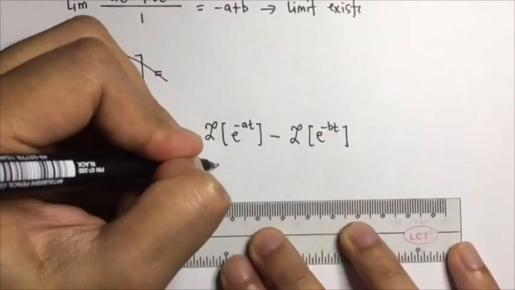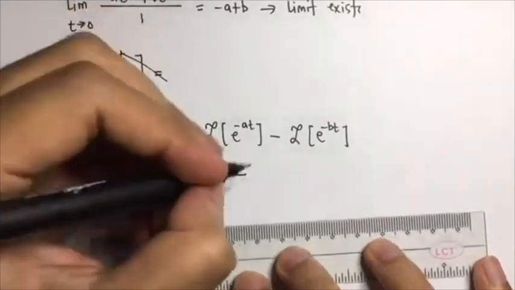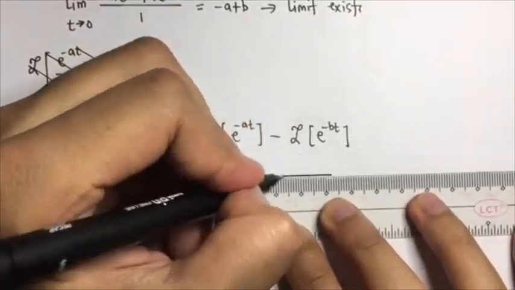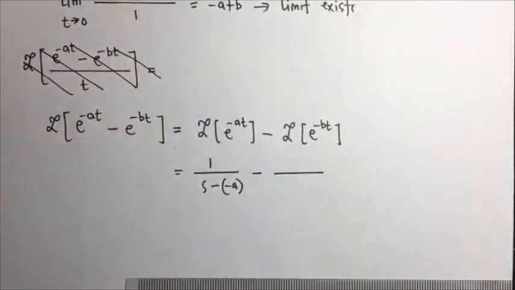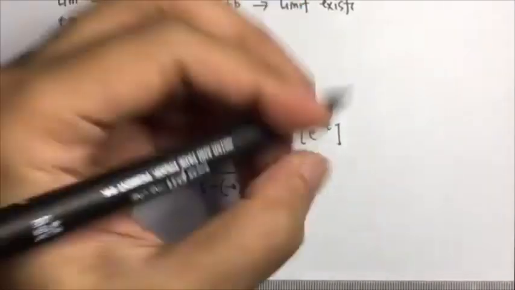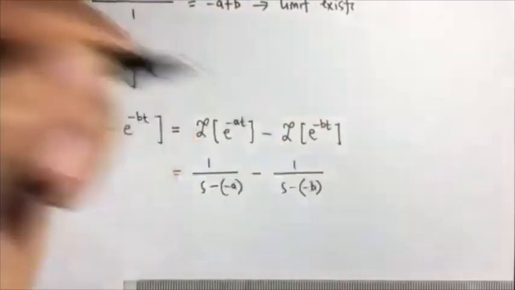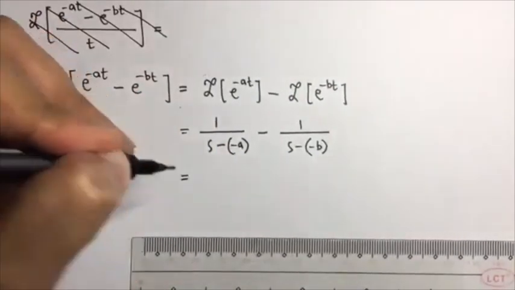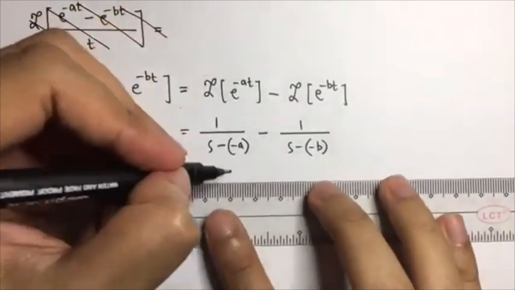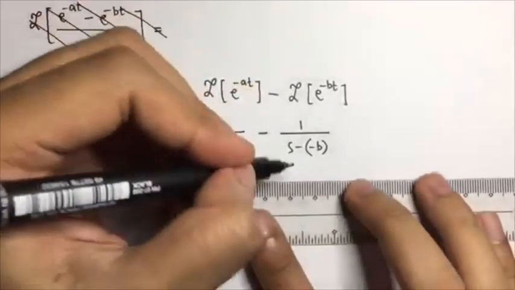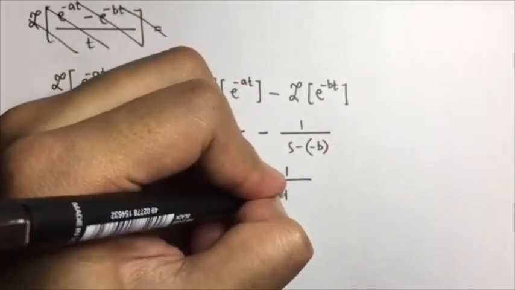So we will have here 1 over s minus negative a, minus 1 over s minus negative b. Okay, so this is 1 over s plus a minus 1 over s plus b.